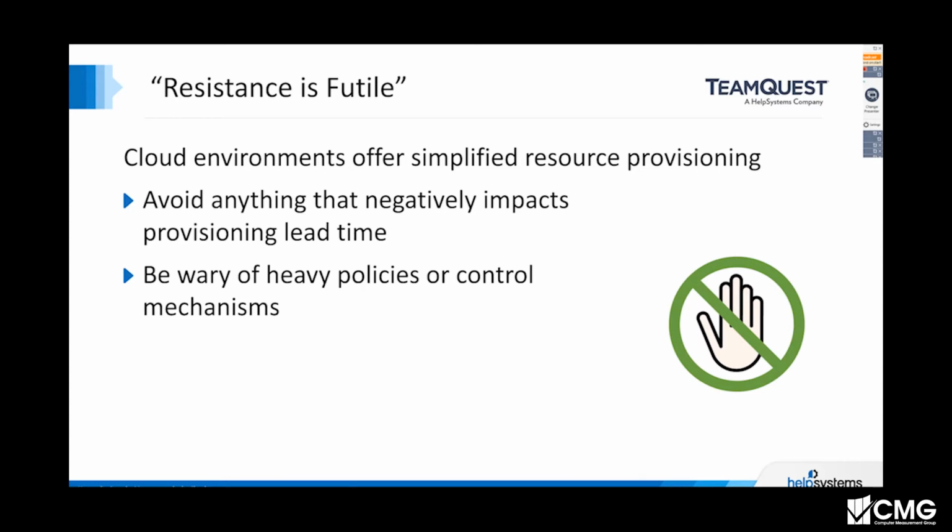Traditionally, capacity management has been a lot about controlling things and doing things proactively, doing assessments, forecasting prior to things happening and trying to avoid them. That can have a negative impact. If you try to implement all those vetting procedures in a cloud environment, that will most likely impact the provisioning lead times, and that's not a very good idea.